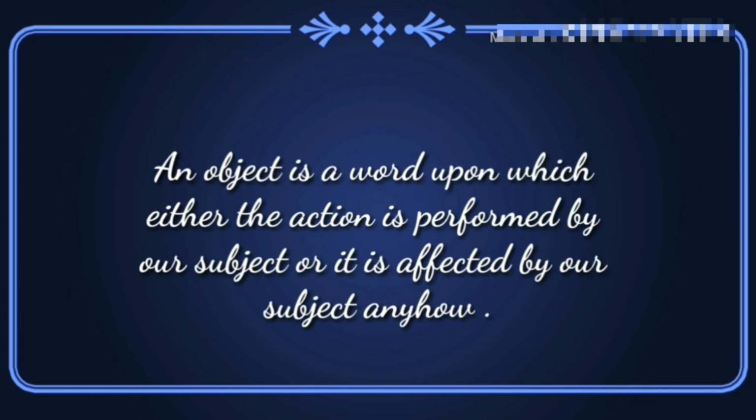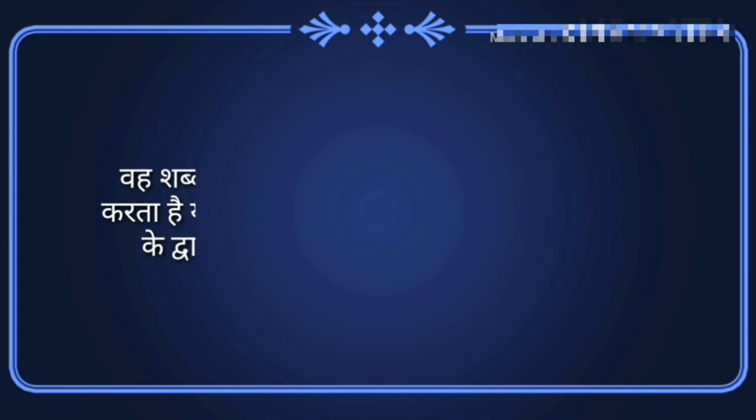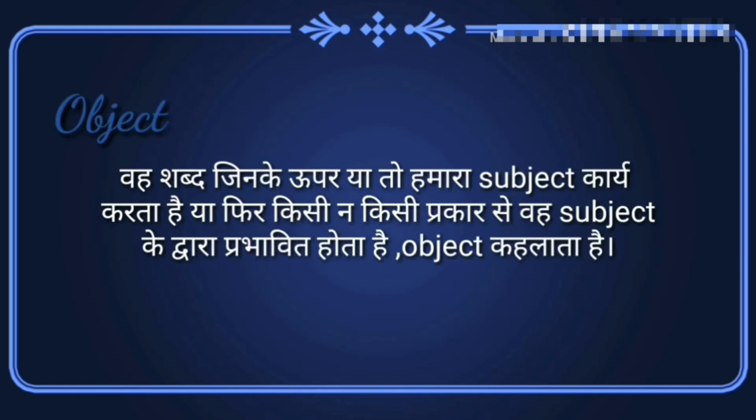An object is a word upon which either the action is performed by our subject or it is affected by our subject anyhow. वह शब्द जिसके ऊपर या तो हमारा सब्जेक्ट कार्य करता है या फिर किसी न किसी प्रकार से वह सब्जेक्ट के द्वारा प्रभावित होता है, ऑब्जेक्ट कहलाता है. Let's move to our first example.